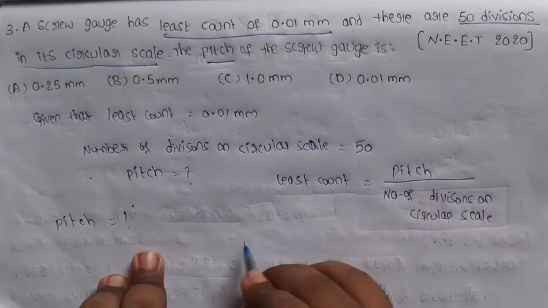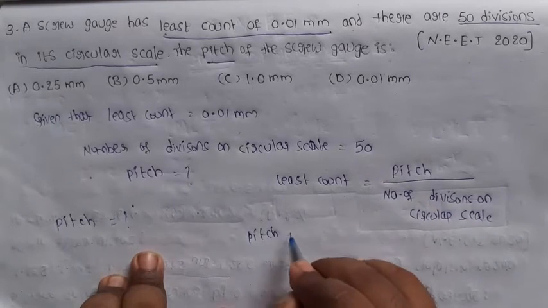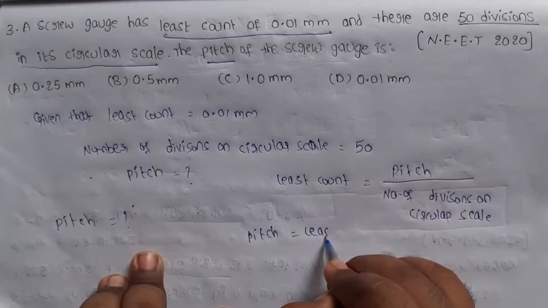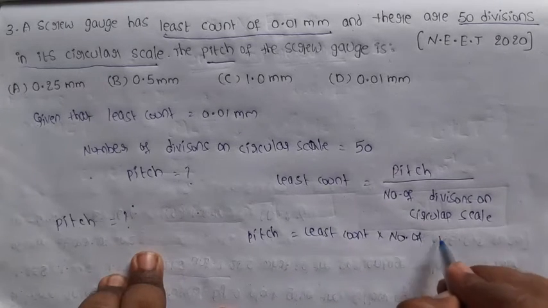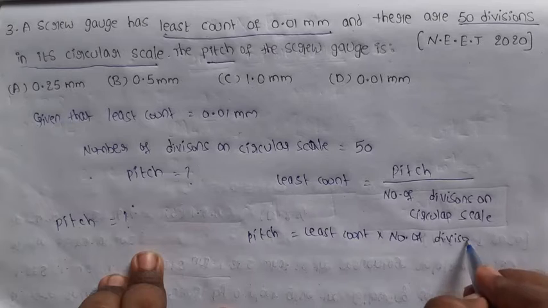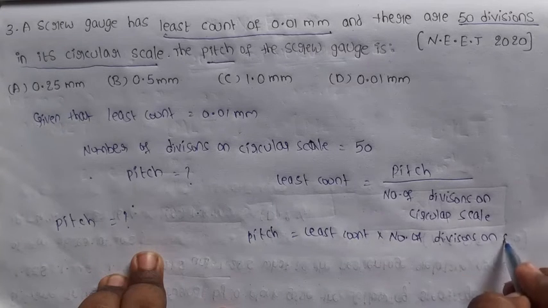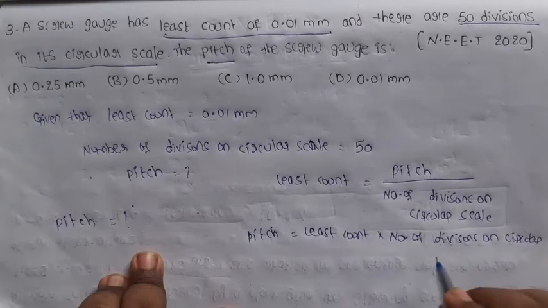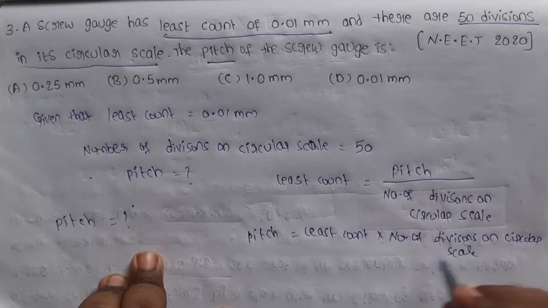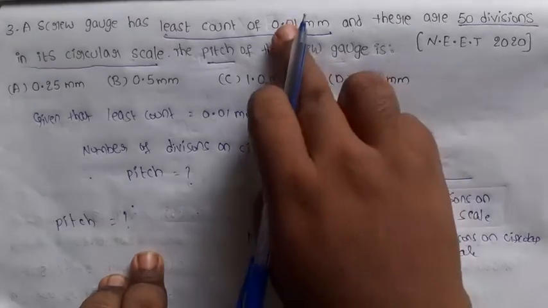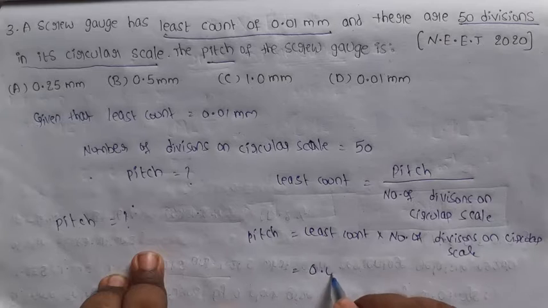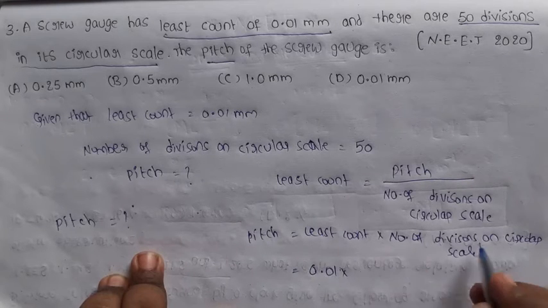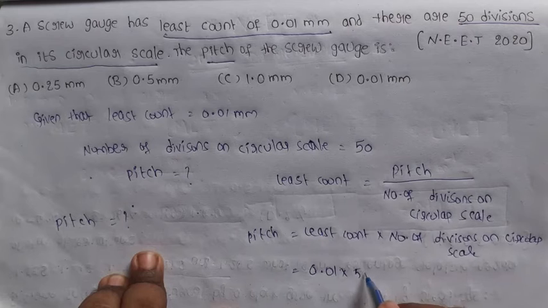We are going to find the pitch, which is equal to least count into number of divisions on circular scale. You know that the least count of the screw gauge is 0.01, into number of divisions on circular scale, which is 50.